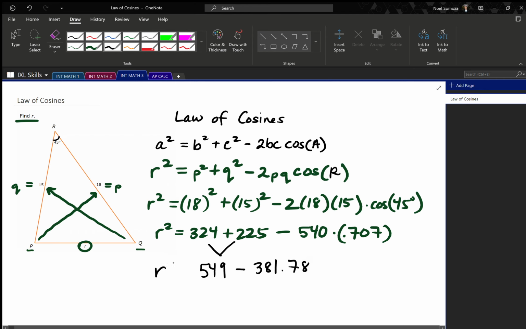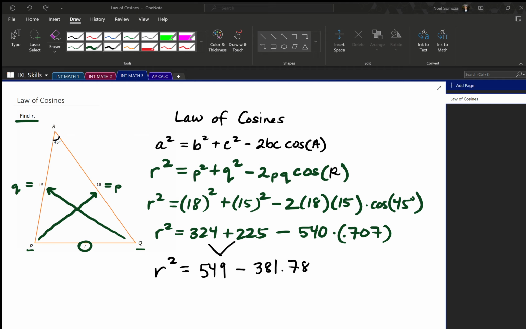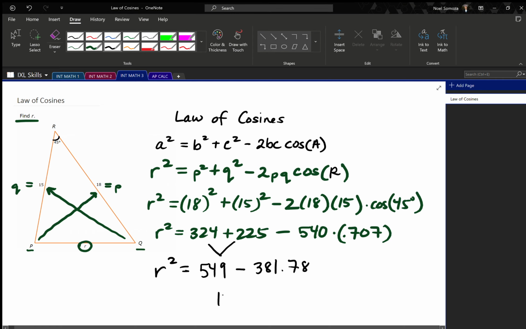Okay, so now r squared is equal to this value. So we have to clean it up one more time. 549 minus 381.78 is equal to 167.22. Okay, now that's equal to r squared, right? But that doesn't make much sense for a triangle with sides of 15 and 18 to have a side of 167, and that's because we're not done.